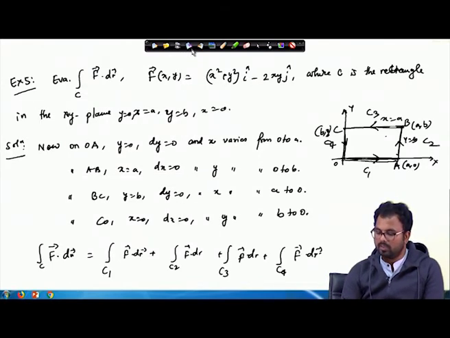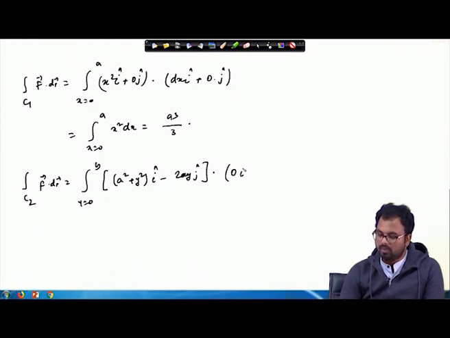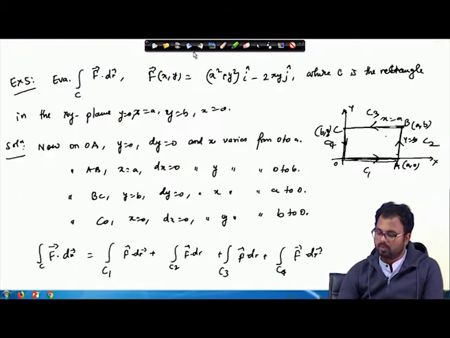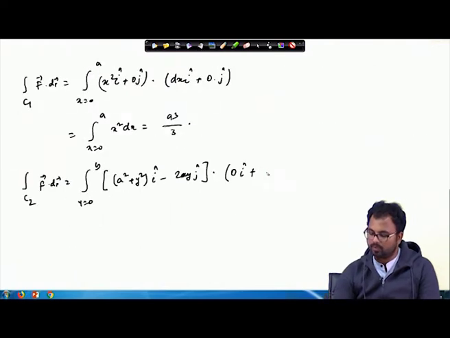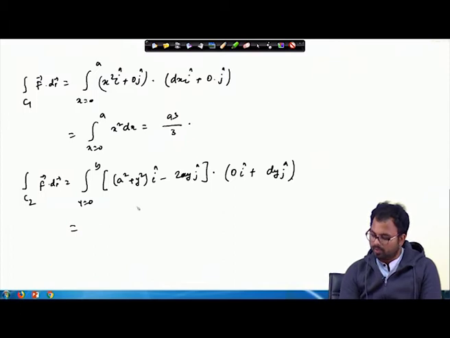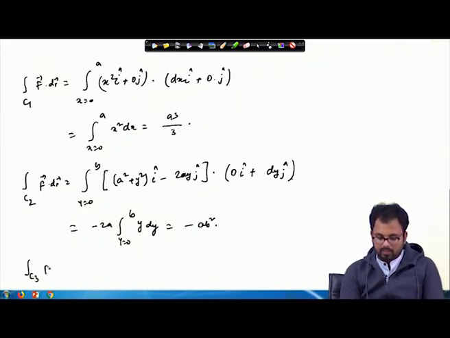Here dx is 0, so we have 0 i plus dy j. Taking the dot product, this will be minus the integral of 2 a y dy with y running from 0 to b, which is ultimately minus a b square.